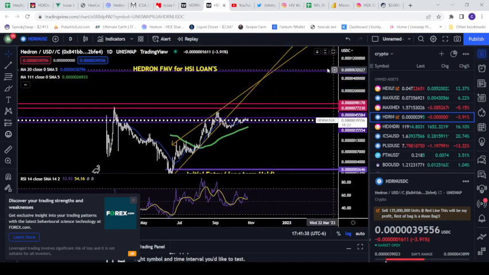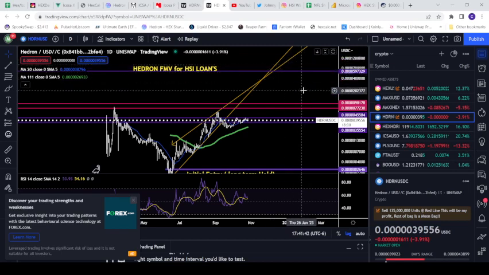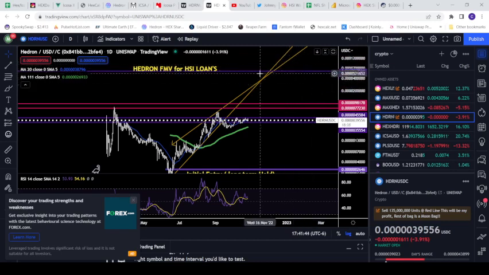So this is a really, really key spot that comes up a lot. So I wouldn't be surprised if by the end of 23 we're flirting with those levels a little bit. I don't know if we'll hit it, but it's definitely a level to look at for sure.